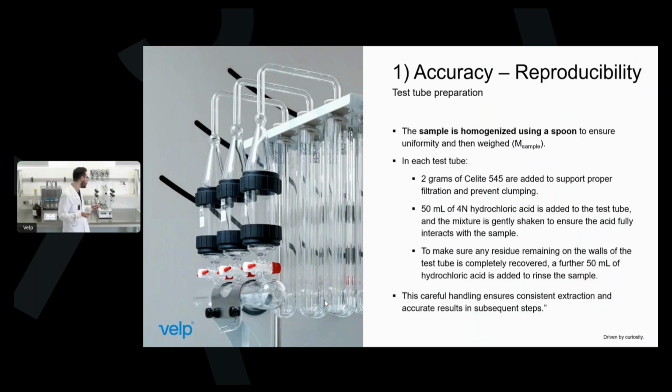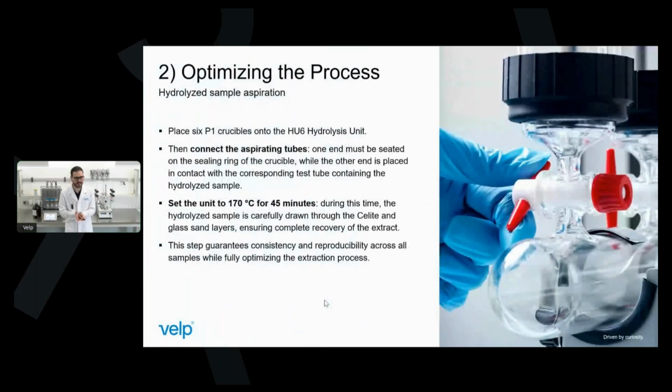Then we can lower the lever on the instrument, as I am showing you, and start the hydrolysis process. After lowering the test tube inside the heating block, we can set the unit to 170 for 45 minutes to make the hydrolysis happen.